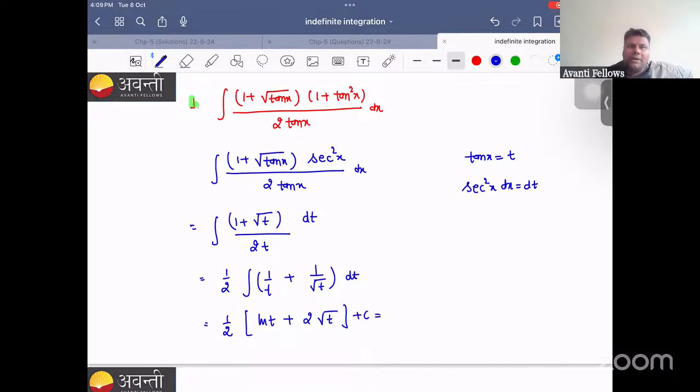Correct? Now replace t by tan x. It will be 1 by 2 ln tan x plus under root of tan x plus constant. So this was a simple start with a simple question of today's session.